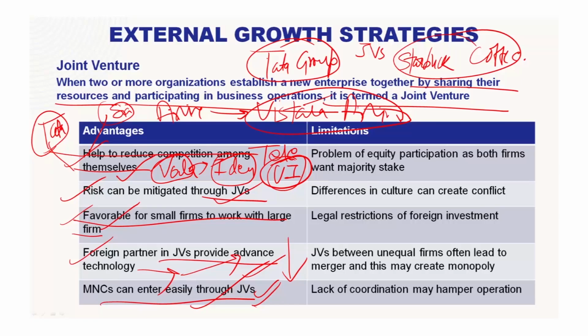The government has some restrictions for joint ventures as well, but if the law permits, it is a very good option to enter a new market. Companies that have exploited their domestic market and want to enter newer markets can benefit greatly from a joint venture. Next is the limitation part.